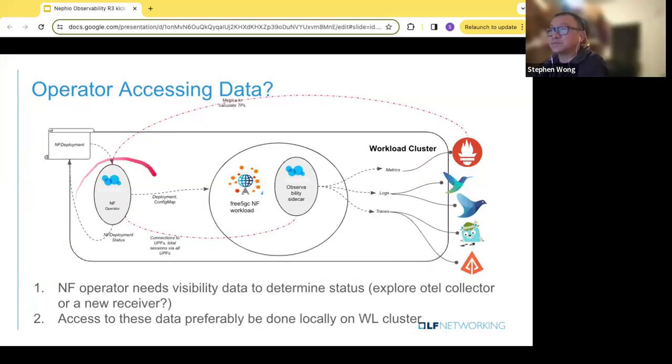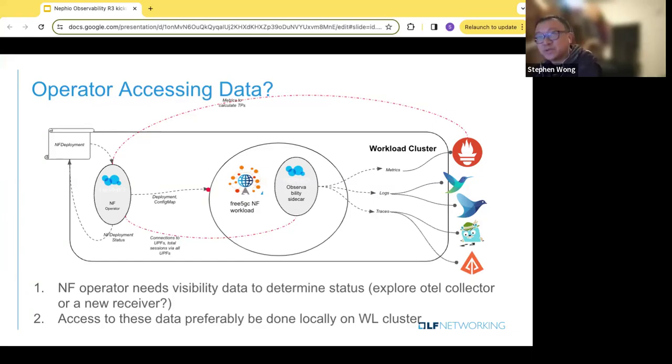Moving forward, what we're hoping is that the NF operators will be really reconciling the intent on more than just A1. So, for example, for UPF, that would be the up and down link throughput, and how do you calculate that, and then how do you decide you're no longer able to service up to that level of throughput?